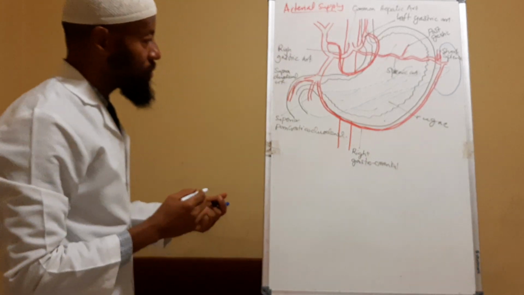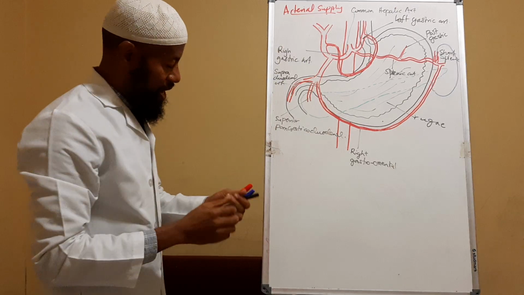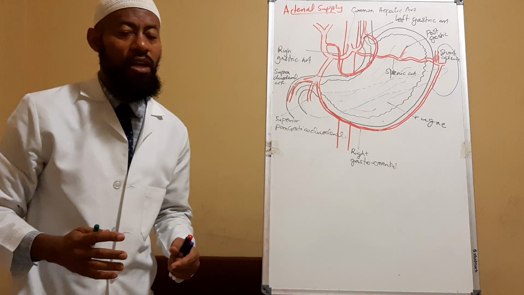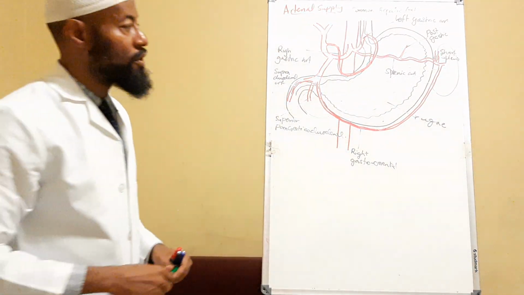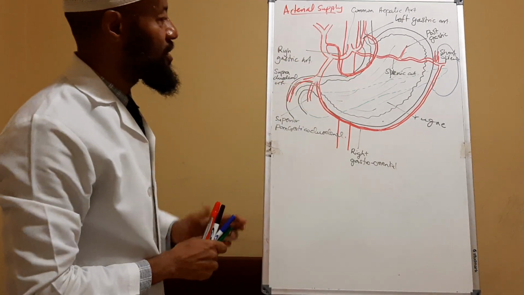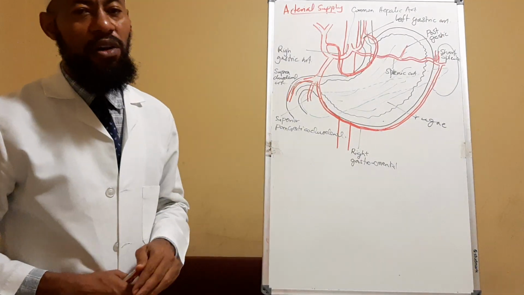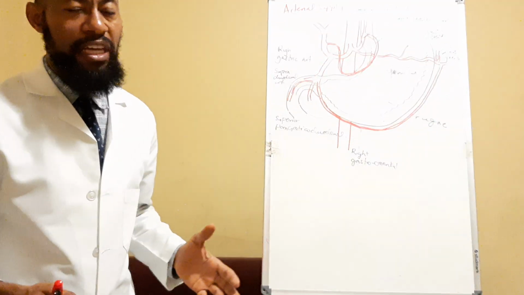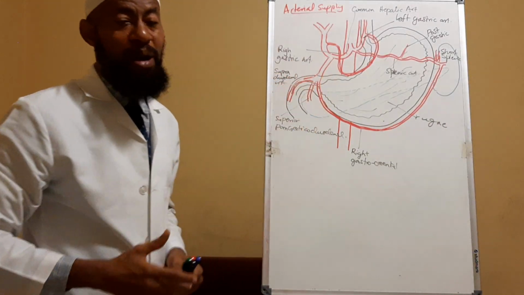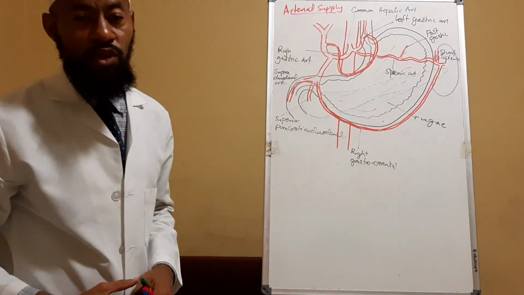All right, good. Now the other thing we want to look at here is that if you remember when we discussed the greater and lesser omentum, we did say that behind here, when you put your hand through here, you're actually going into a foramen called the epiploic foramen of Winslow, that is formed by the hepatoduodenal ligament and of course the hepatogastric ligament.